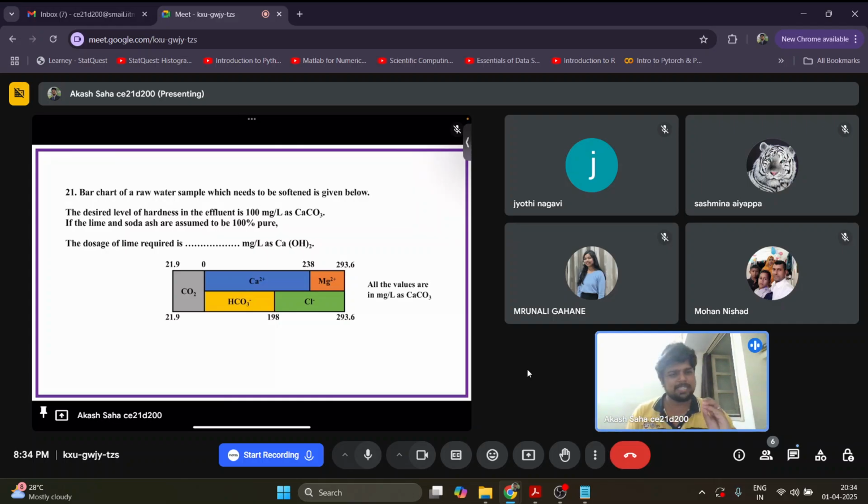Is it clear? That is the only difference here. If carbon dioxide is also given, then the same amount of lime will be required for carbon dioxide also. So the final thing will be 193.6 plus 21.9, whatever you get, into 37 by 50. That's how you have to do it.